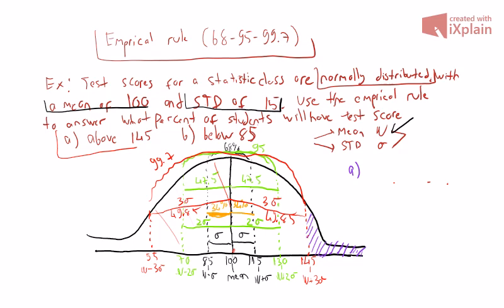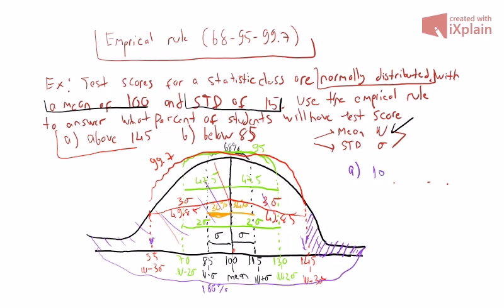So I know that the whole thing is 100%, right? This whole normal distribution is 100%. And I know that the area between those two red lines, which is here and here, is 99.7%.